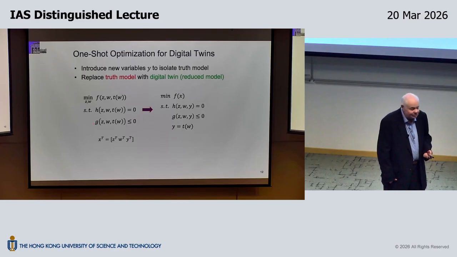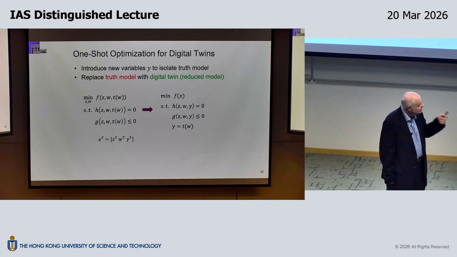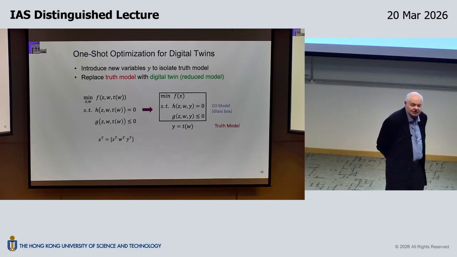And then we do what everyone wants to do, which is to say, okay, get rid of the truth models, because I want to solve this problem faster. The other parts of the problem I can leave over here. The truth model I don't want to run, and so I'm going to come up with something that I call a digital twin.